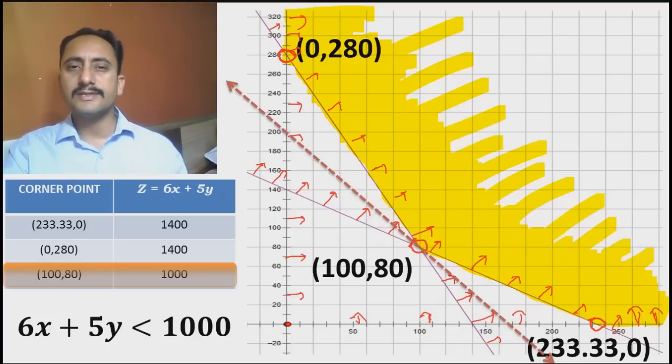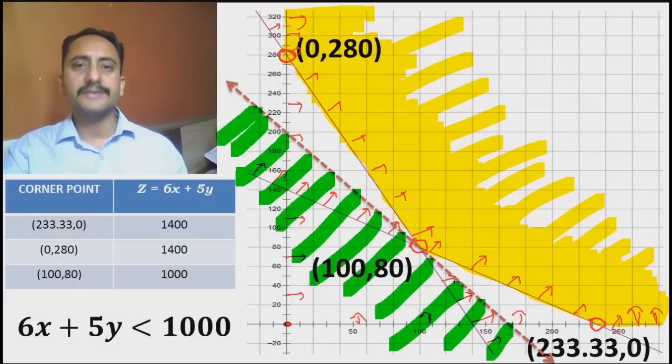Since (0, 0) satisfies this inequality, so the shaded region will be towards the origin, and here is a shaded region. This green shaded region represents that the value of Z, the total cost of fertilizer, can be less than 1000 in this region only, and the yellow shaded region is my feasible region.